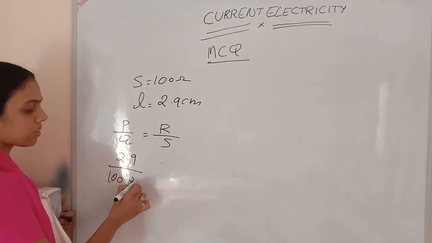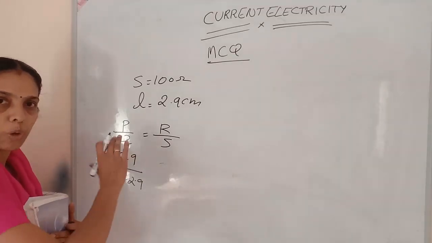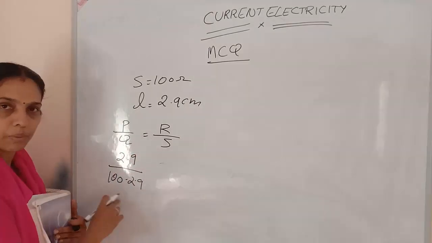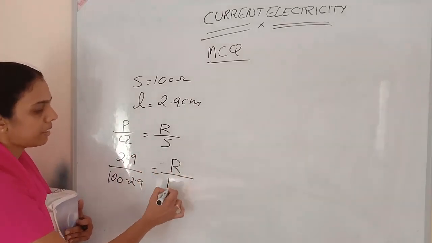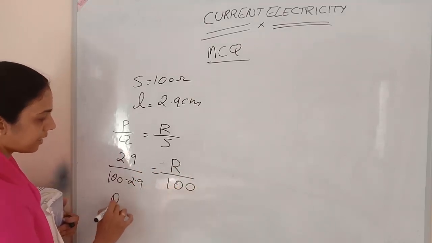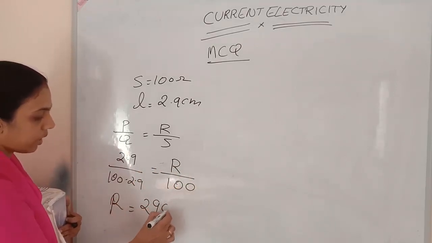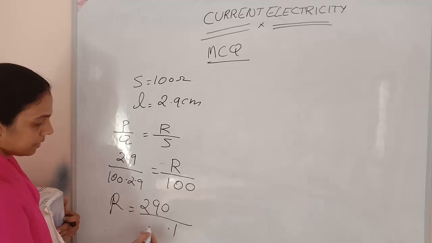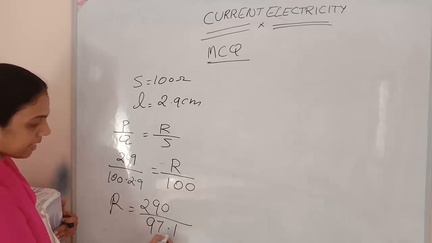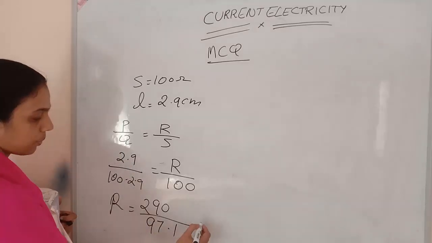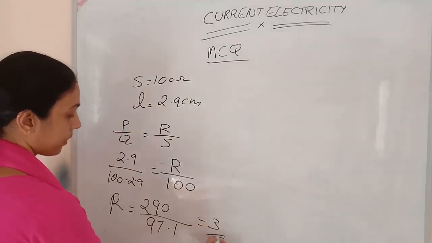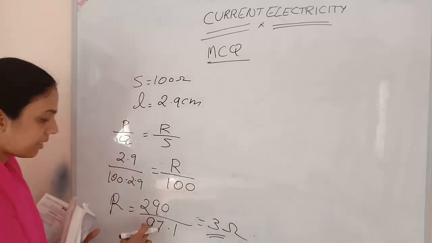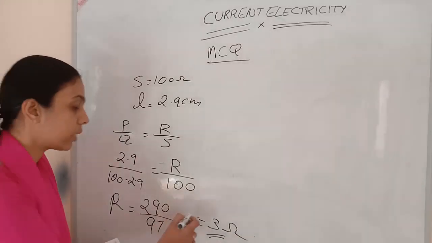In the meter bridge, if 2.9 is one side, the other side will be 100 minus 2.9, equals R divided by 100. So what is R here? R equals 2.9 into 100 divided by 97.1. So here the answer is nearly equal to 3 ohm.